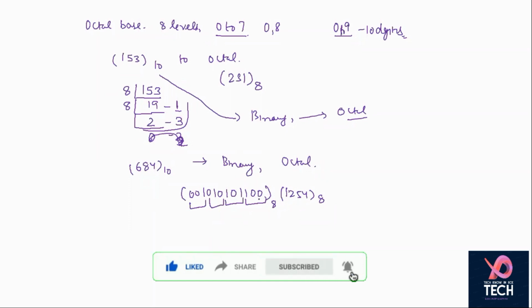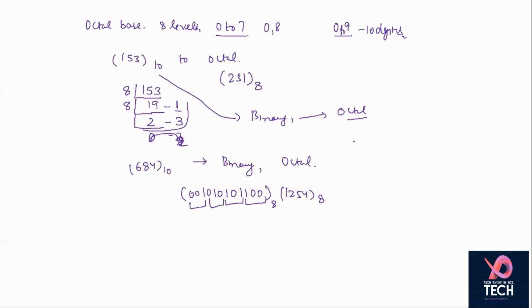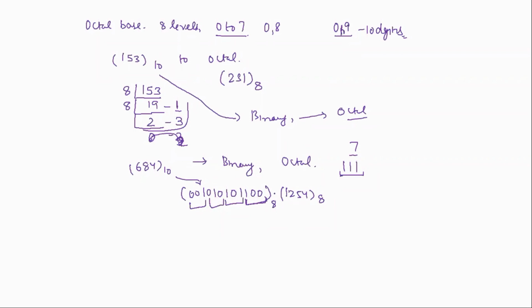Maximum you will count 7 in octal, and correspondingly binary is 111. So that means if you select 3 bits from binary from right to left, then your number will be created. Suppose you have obtained the binary of this, then from here you can easily obtain the octal. So what is the octal? This is 4, 1000 is 4, 1001 is 5, and then 010 is 2, and 001 is 1.